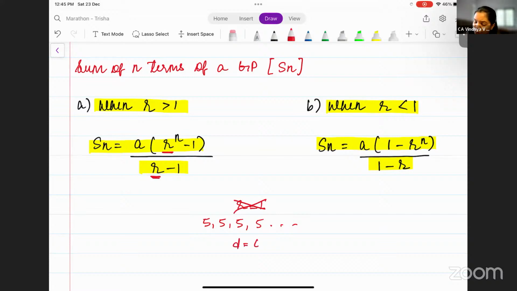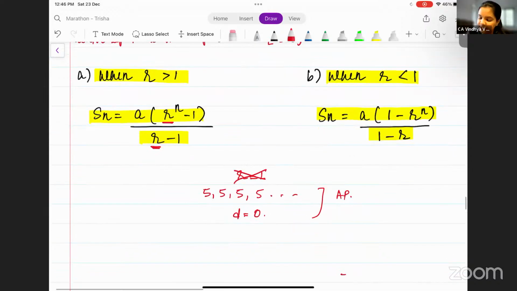Why? Because it won't satisfy the formula of sum. So when you have a sequence which has the same terms, that is 5, 5, 5, 5 or 6, 6, 6, 6, anything, you will consider it as an AP and not a GP. Is this clear? So you solve this using AP.